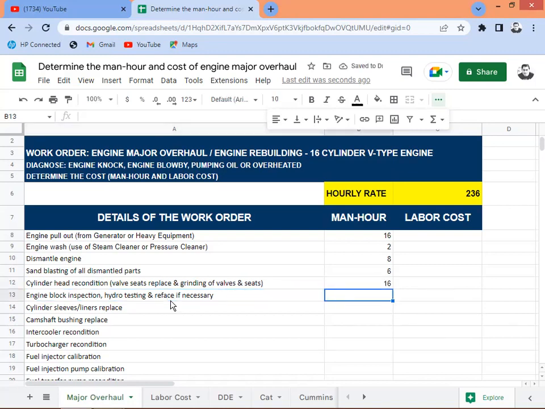Then the engine block inspection, hydro testing, and reface if necessary. So you need 4 hours for this, including the testing and the inspection.